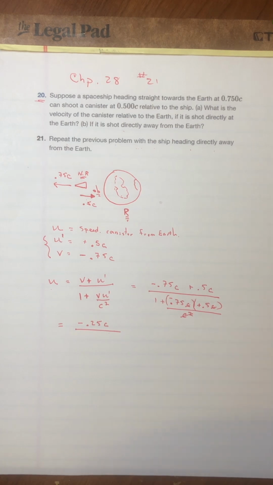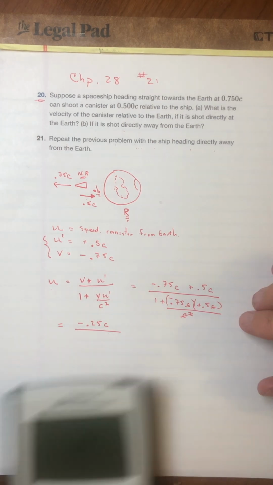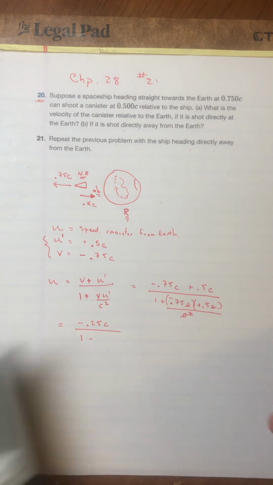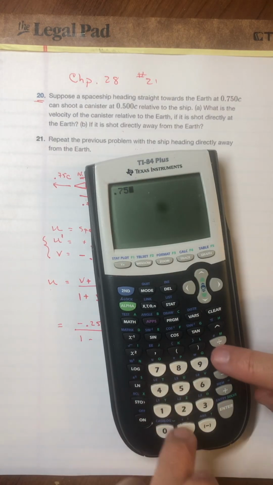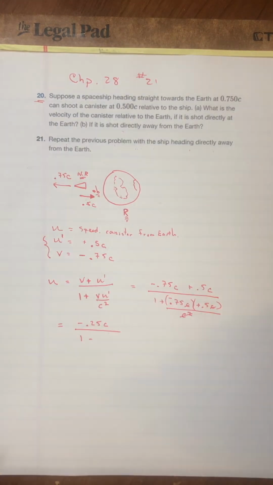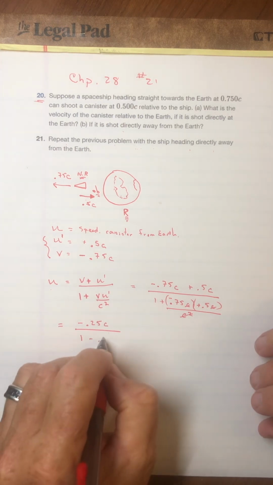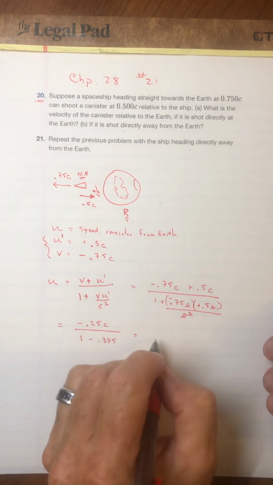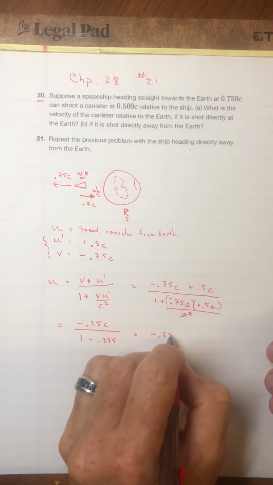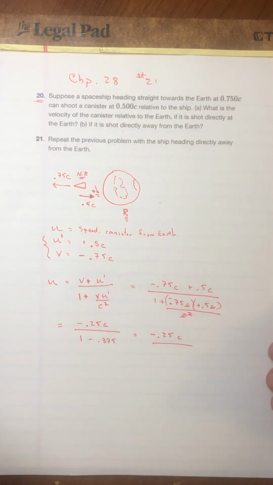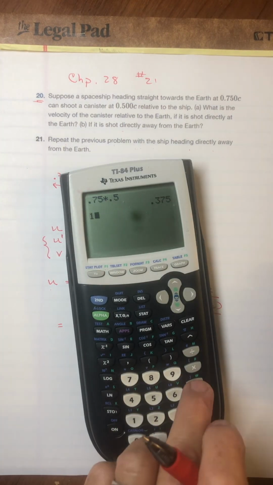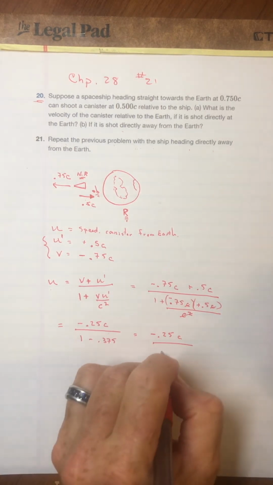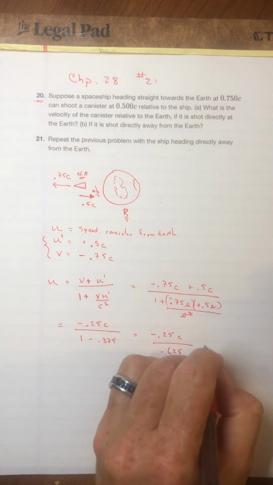And so if I grab a calculator here, this is going to go 1 minus, and I'll have a 0.75 times a 0.5. And so this would be a 0.375. And so negative 0.25 c over 1 minus the last answer, 0.625.